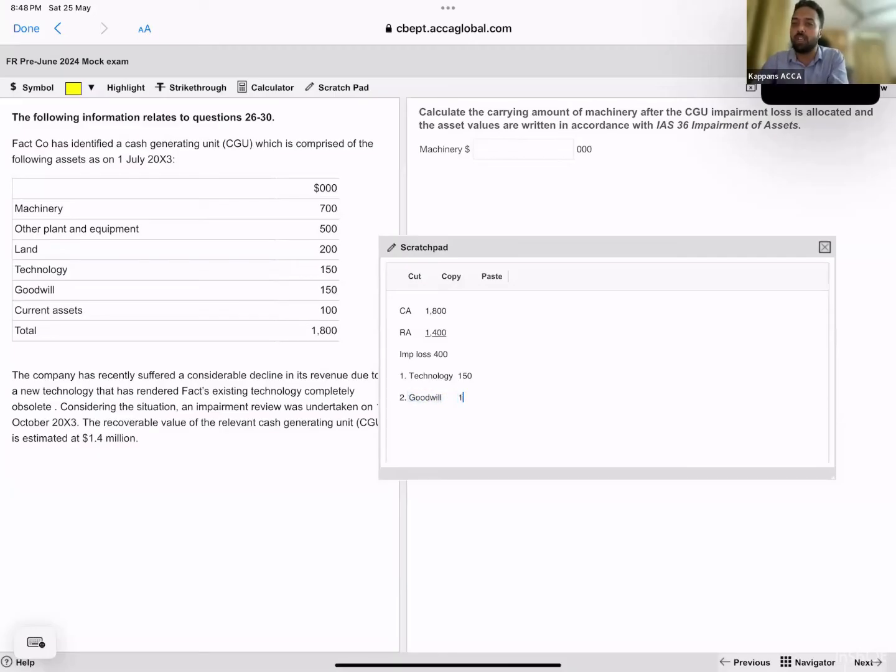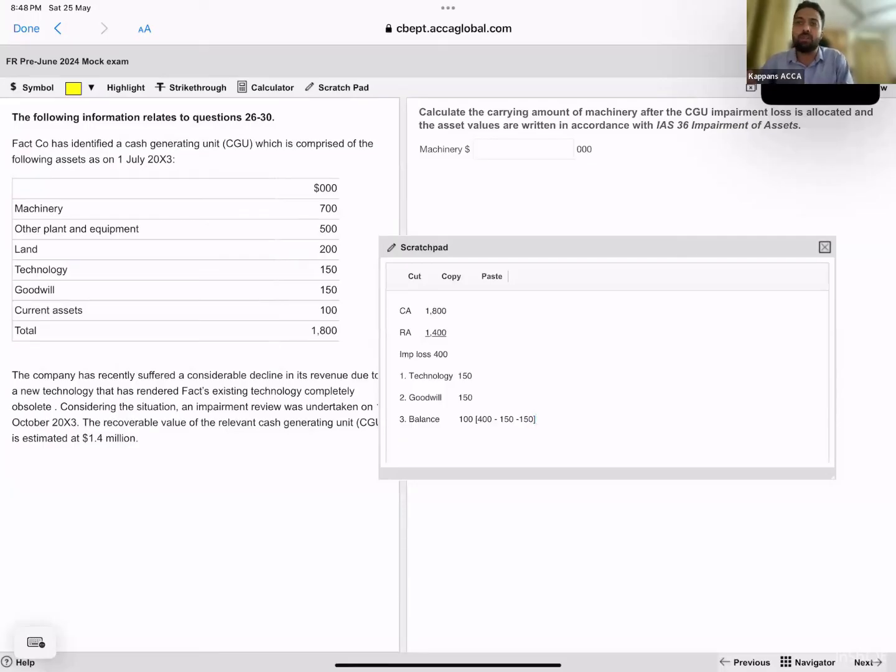So it will be allocated to goodwill. And third, the balance will be allocated to non-current asset on their pro rata basis. So how much is the balance? 100. Out of 400, we have allocated 150 to technology and 150 to goodwill. So there's a balance of 100.